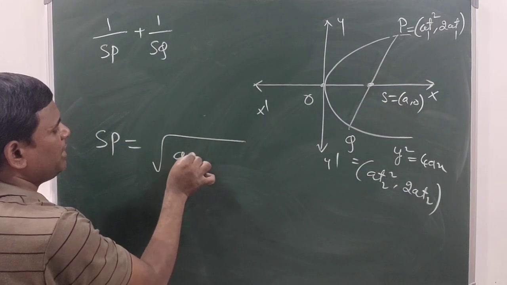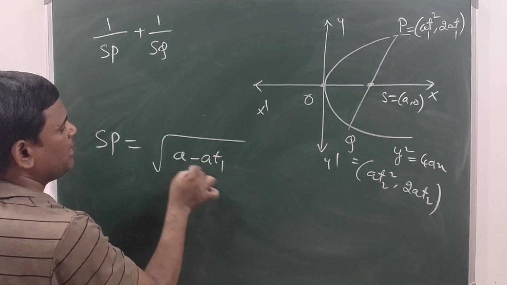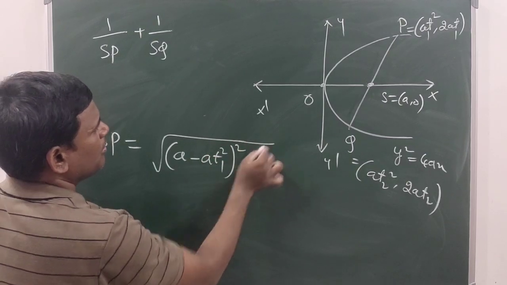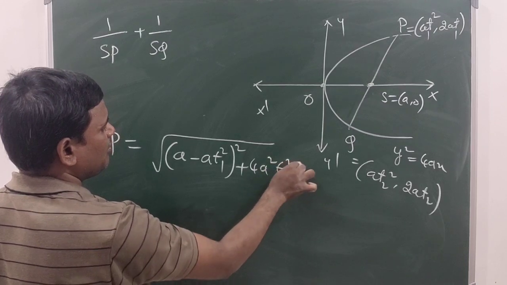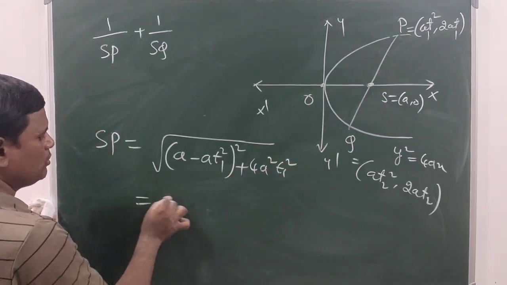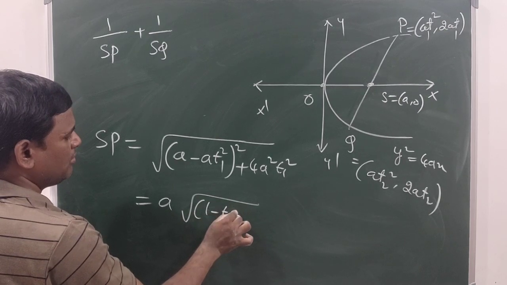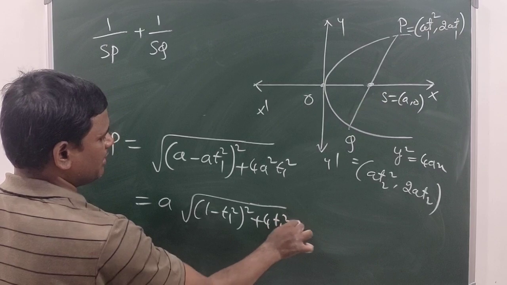A minus the difference of x coordinates, a minus at1 square whole square plus 4a square t1 square. Now take a square outside, so inside here 1 minus t1 square whole square plus 4t1 square.